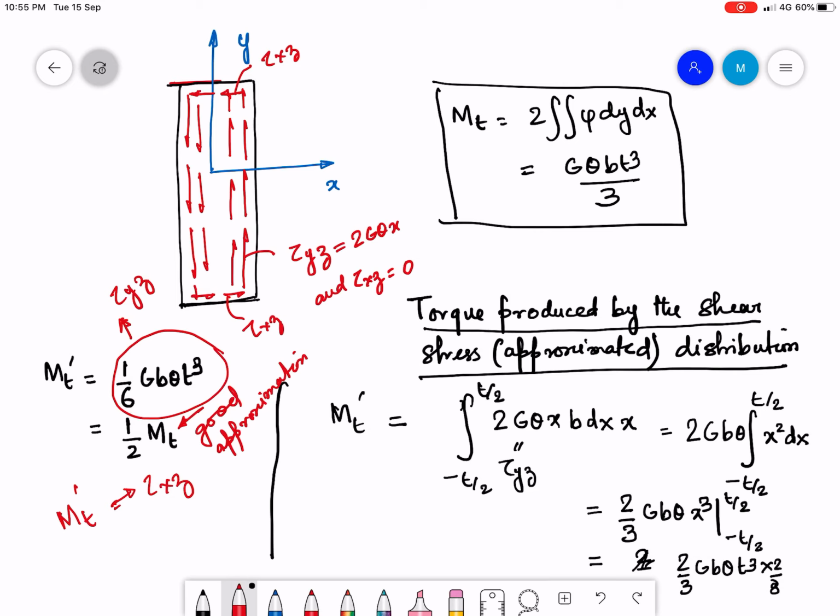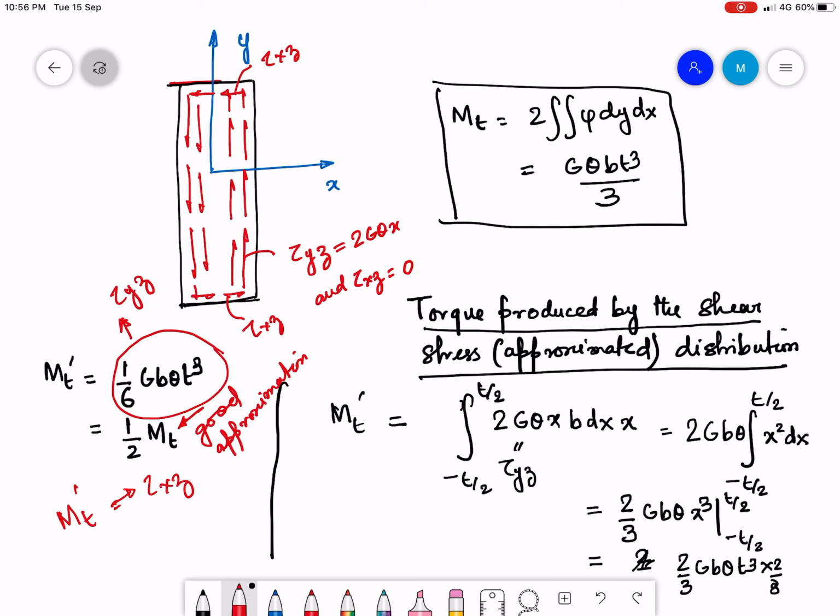We are neglecting a small tau x z near the two other boundaries of the shaft, which is worth neglecting. But you should be aware of what the real life stress distribution is, and therefore, you should know that there is a small tau x z distribution near the edges, which we are neglecting in this methodology of solving the problem.